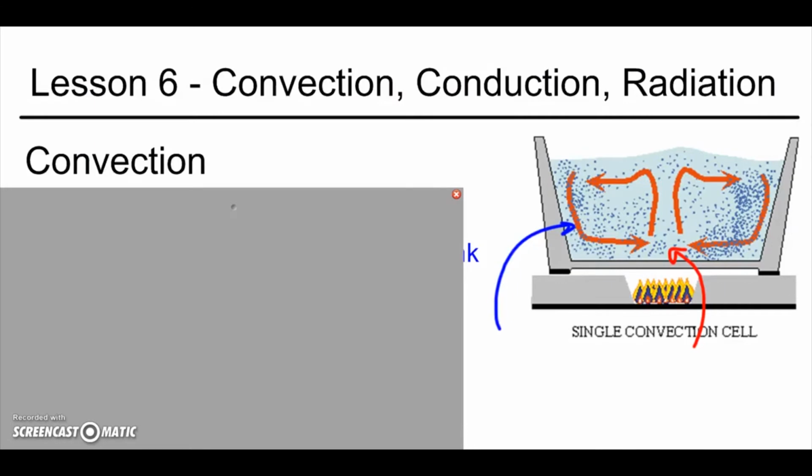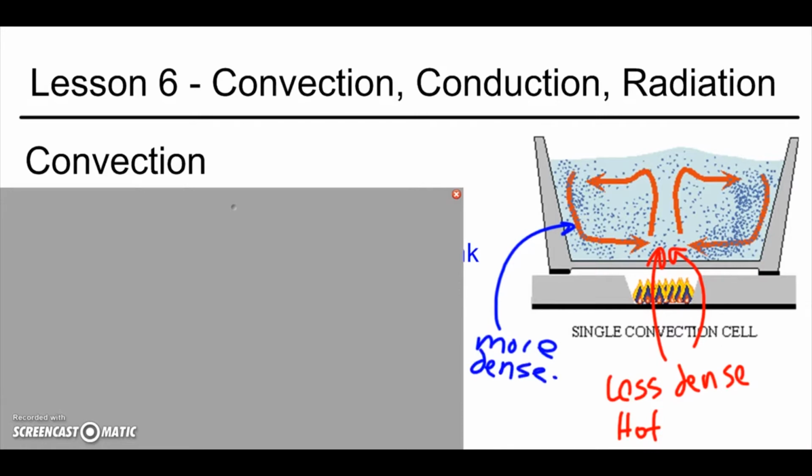Now you can see this in your notes. Over here, what we have is less dense hot material, but on the sides we have more dense cool material.